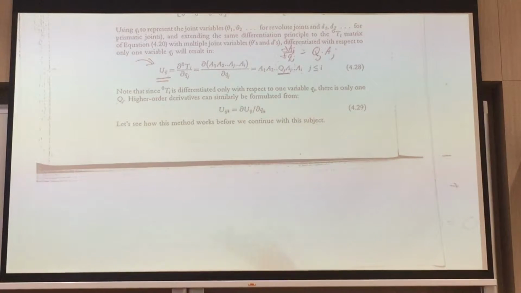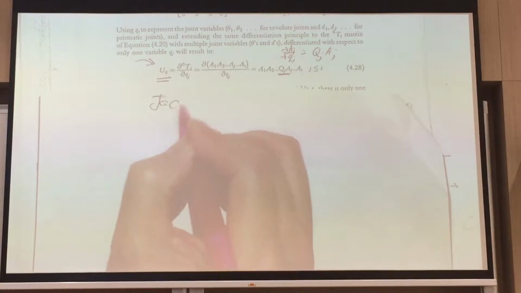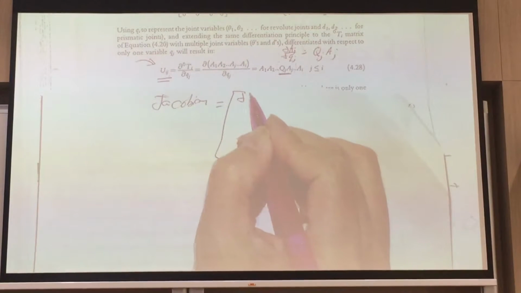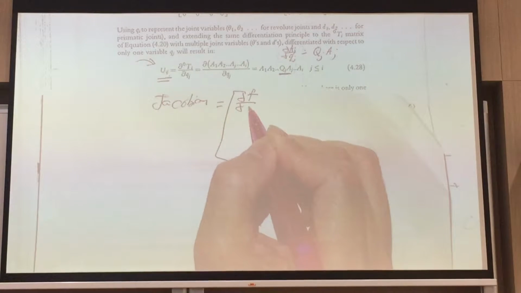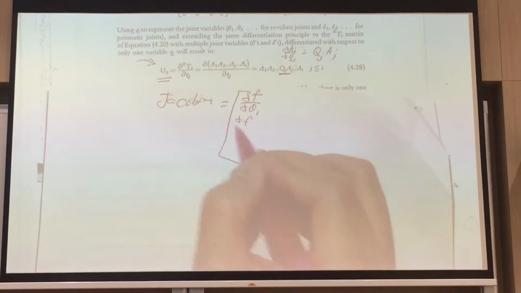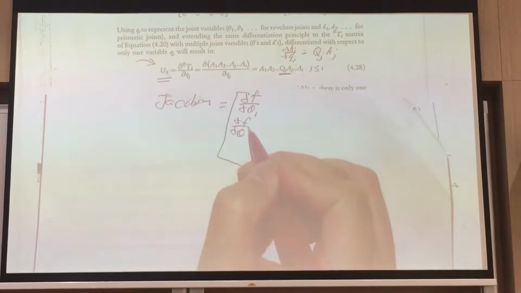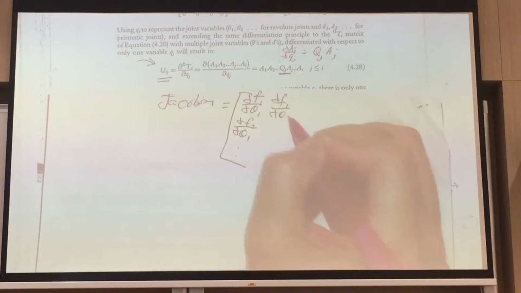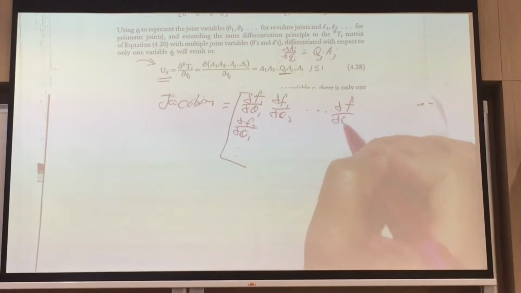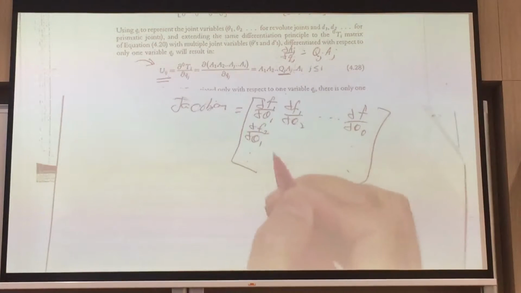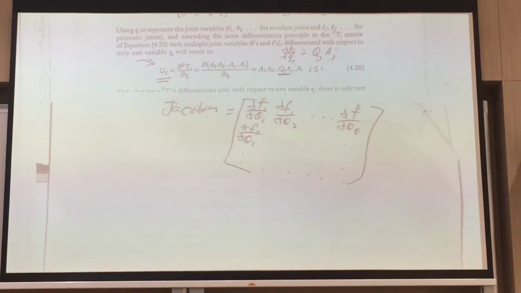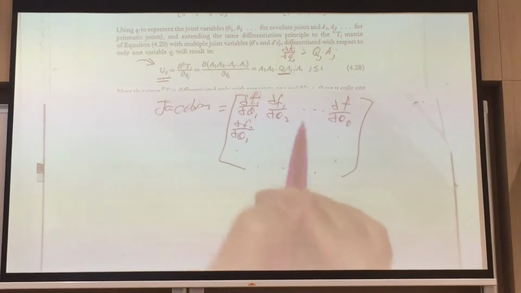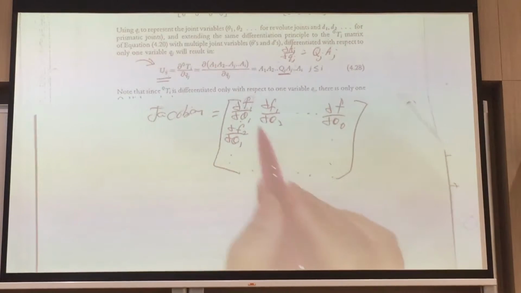This is quite similar to the Jacobian. Let's recall, for the Jacobian matrix, we are trying to take the derivative of the function with respect to one of the joints at a time. Why do we have to do this?